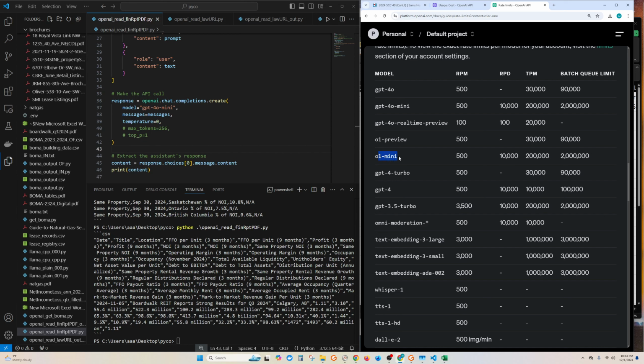So let's try the O1 preview. So this is their smartest, newest model. We will try the O1 Mini afterwards, but the one that we're trying right now is their smartest, newest model, folks.